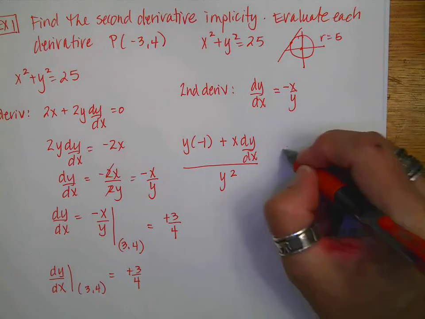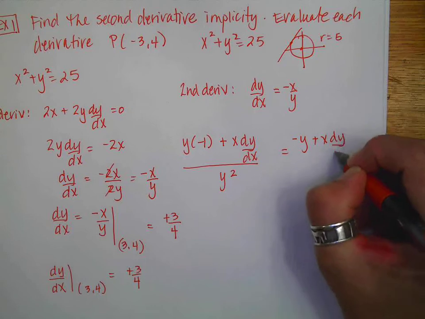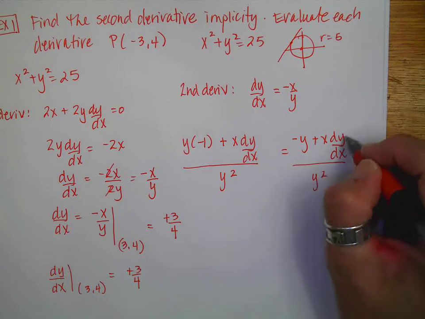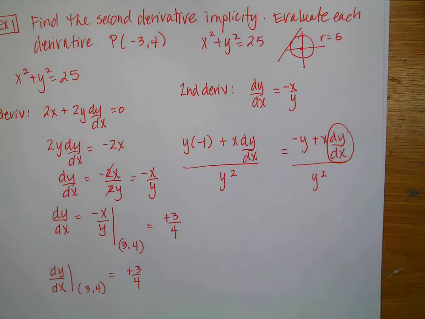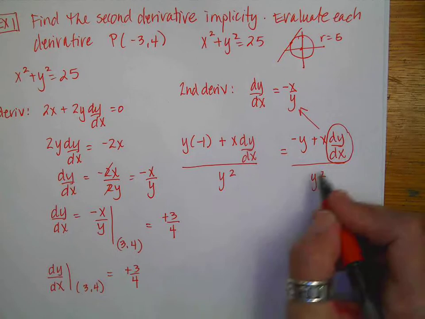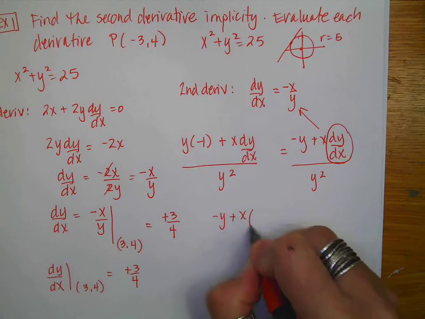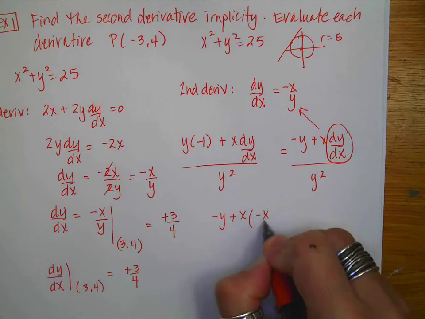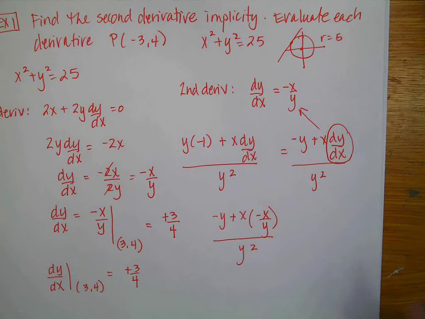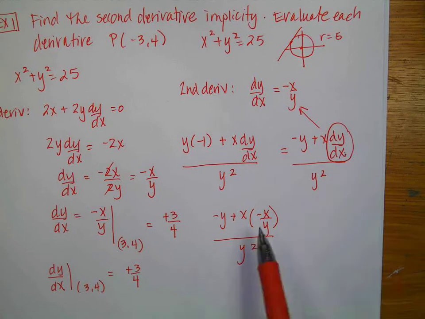I'll simplify this to -y plus x dy/dx over y squared. But remember, we just found dy/dx, so I'm going to substitute in the derivative that I've already found.